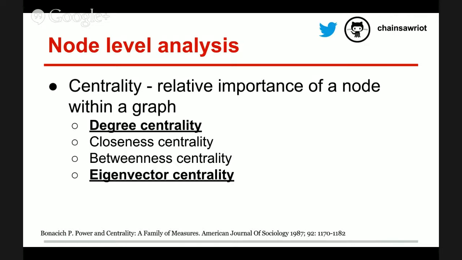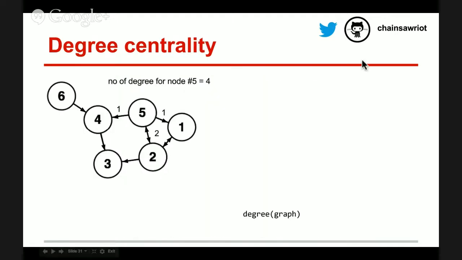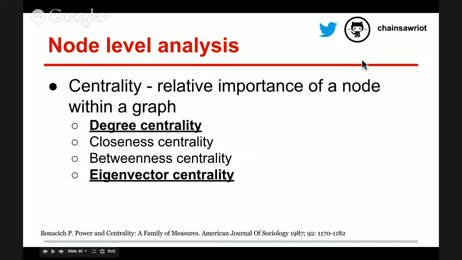Centrality is the relative importance of a node within a graph. There are many ways to calculate this kind of centrality, and I only have time to cover the degree centrality and the eigenvector centrality.